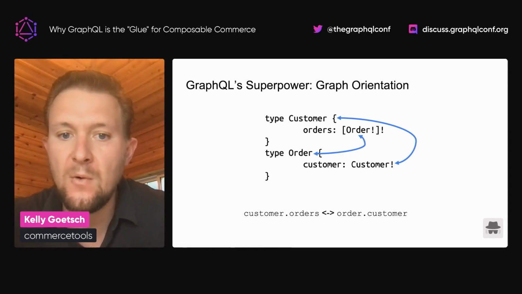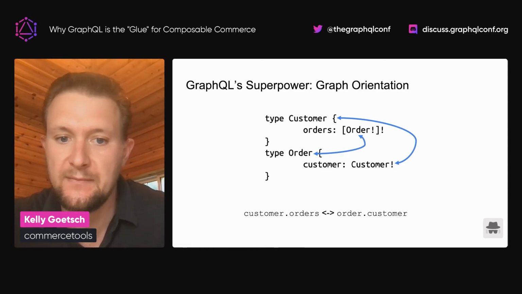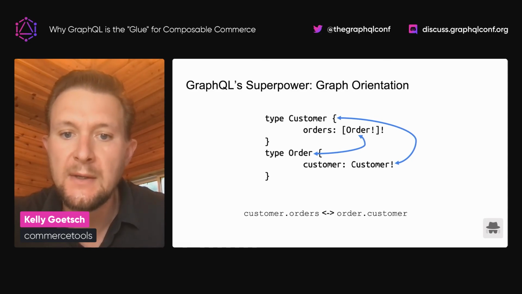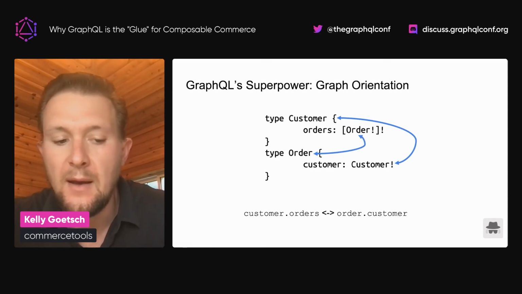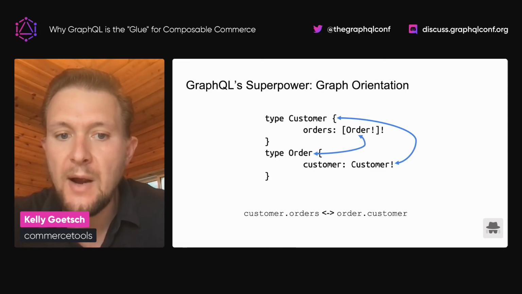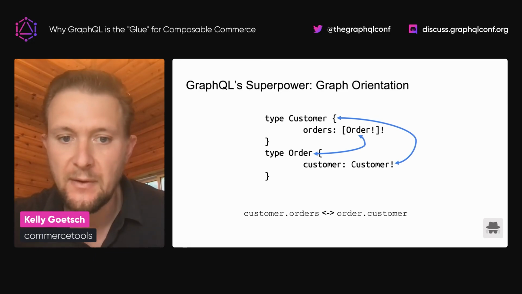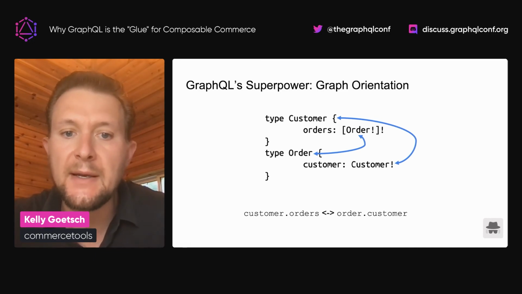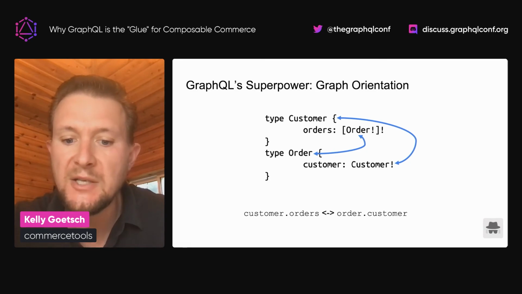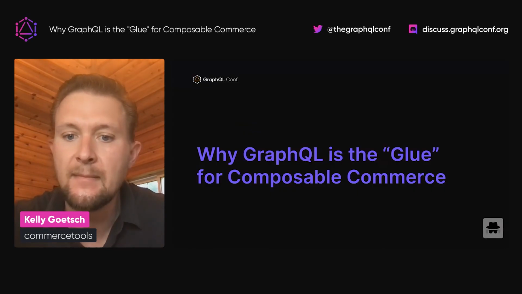It's graph oriented in its nature. So you can very easily traverse data back and forth. You can work your way through a graph very, very easily. And especially if you're working with JSON, which you are by definition with GraphQL, it becomes very easy to change these relationships.